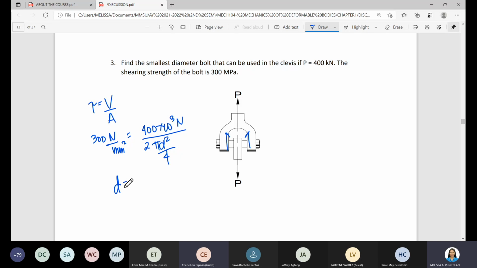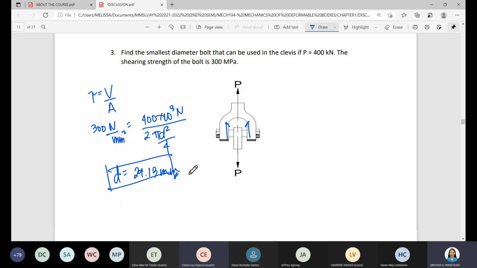So, our D now is equal to 29.13 millimeters. So, that's the smallest diameter of the bolt. Ang dali lang, di ba? Sana ganyan din sa exam.